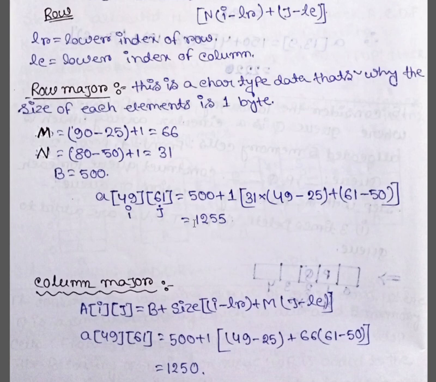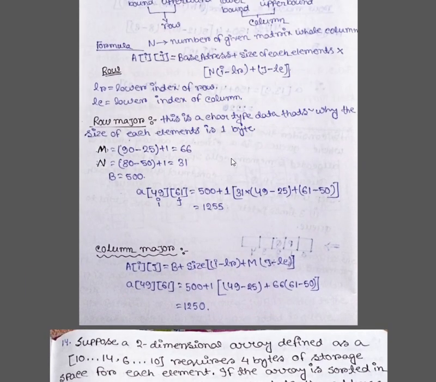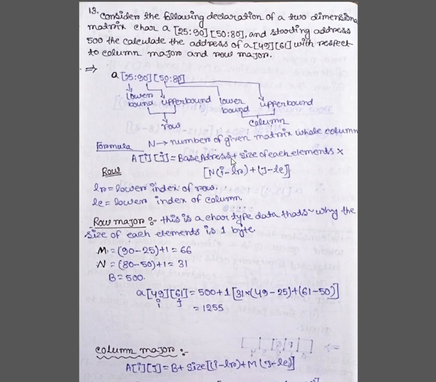We are getting 1255 for the row measure. This is the base address after calculating row measure, and by calculating through column measure, we will be getting 1250 as the base address.